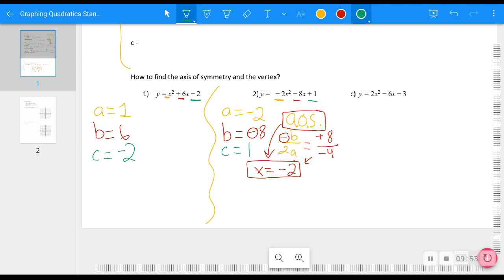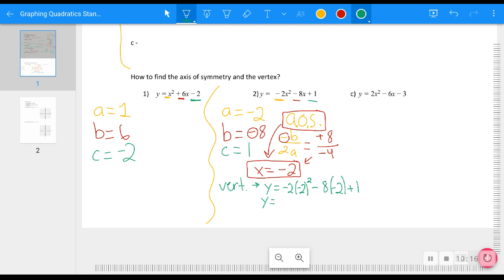Then to find our vertex, we just plug that back in for x into the equation. So we have -2 times (-2) squared, make sure that's in parentheses, minus 8 times -2 plus 1.